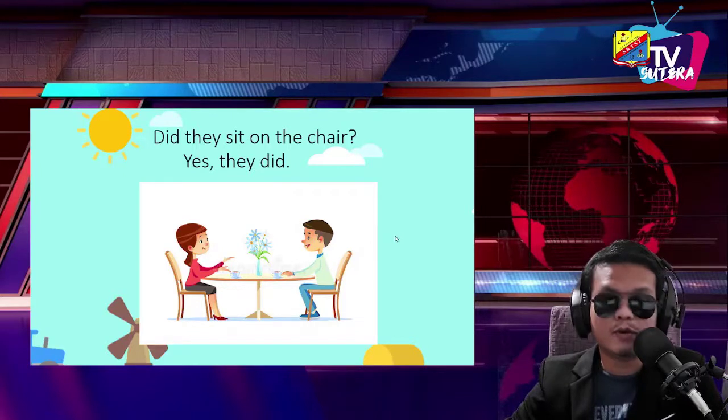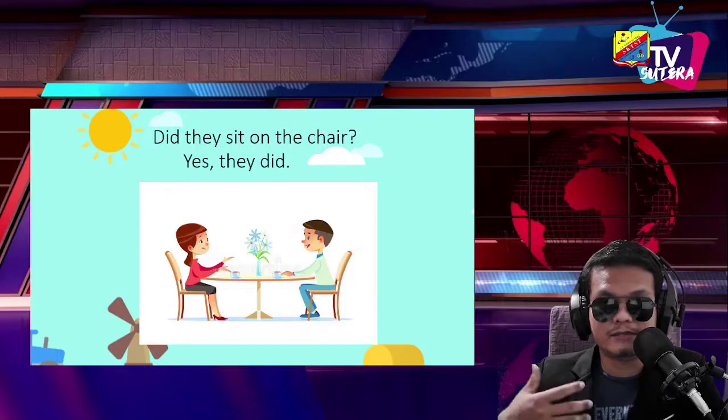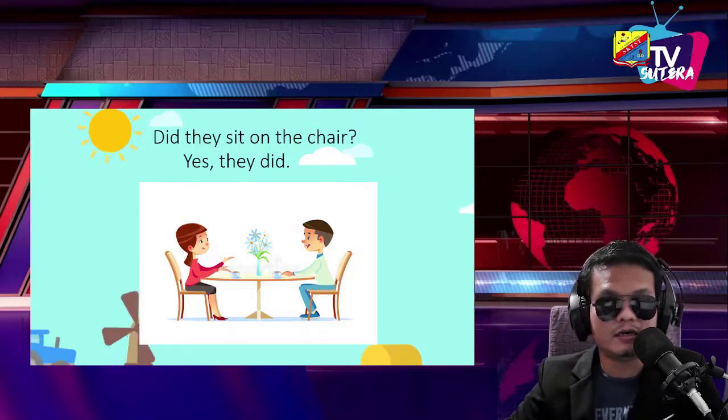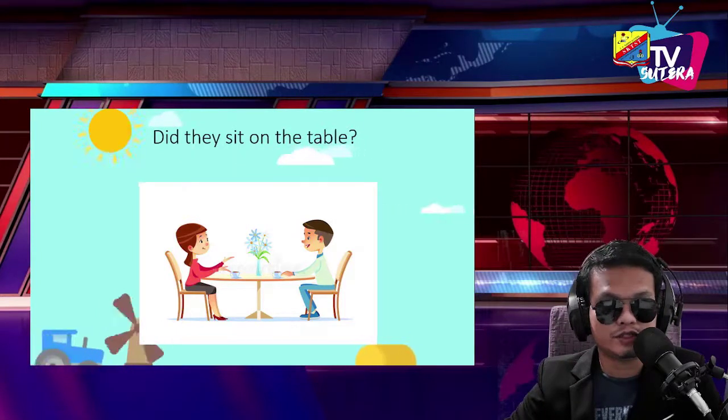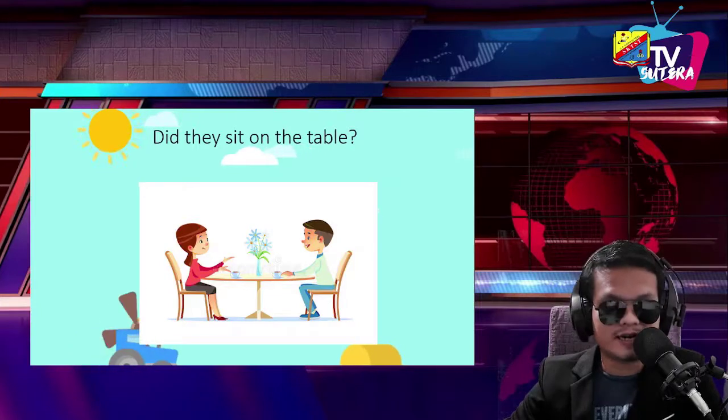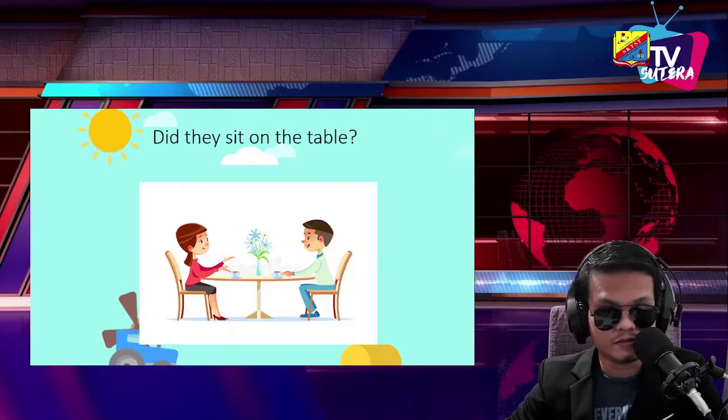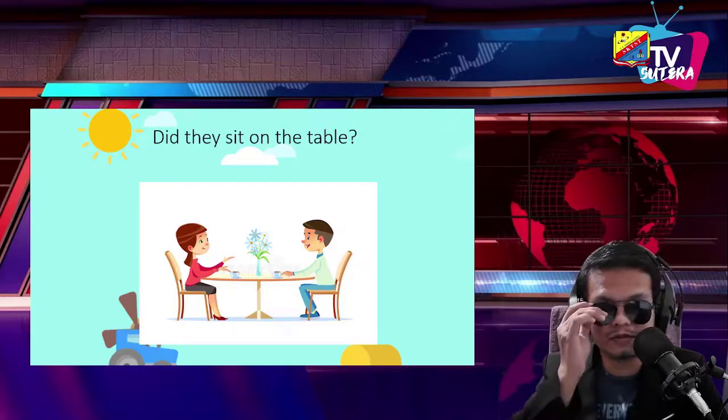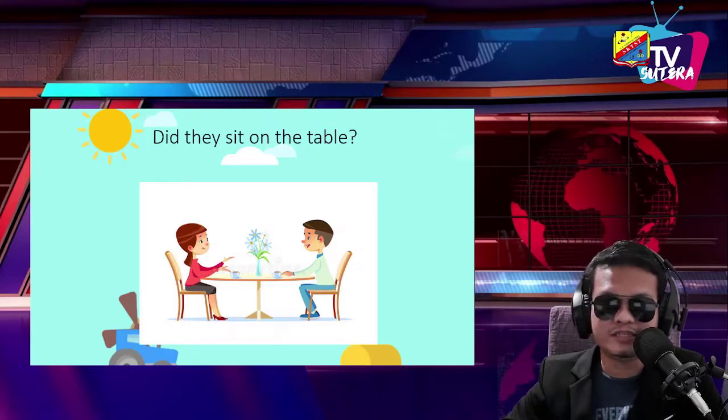Okay, now, what if we have another question that is different? Alright, now, did they sit on the table? The question asks you, did they sit on the table? Well, observe the picture carefully, and I don't think so.